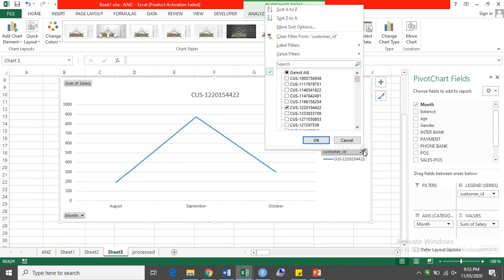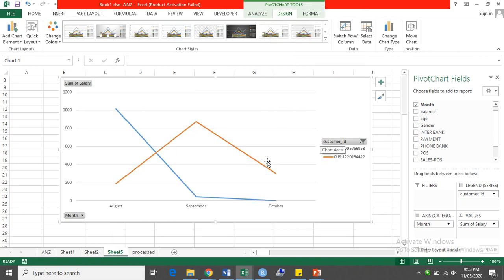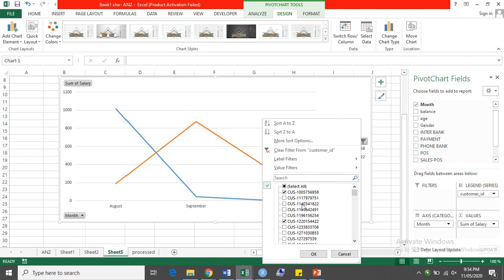Let's change this to two customers. This customer shows a different trend: the highest salary he or she received was in August, and it became nearly zero in October. So it basically shows a downward trend. Let's add two more at random.